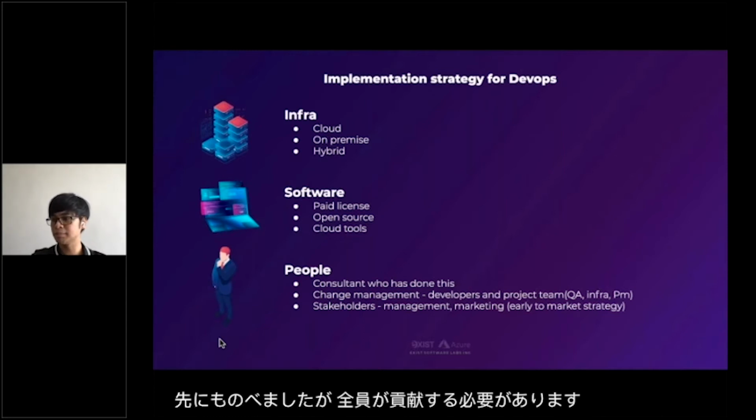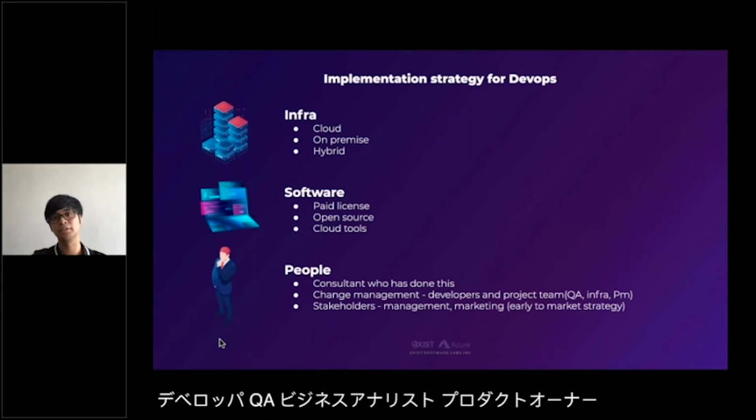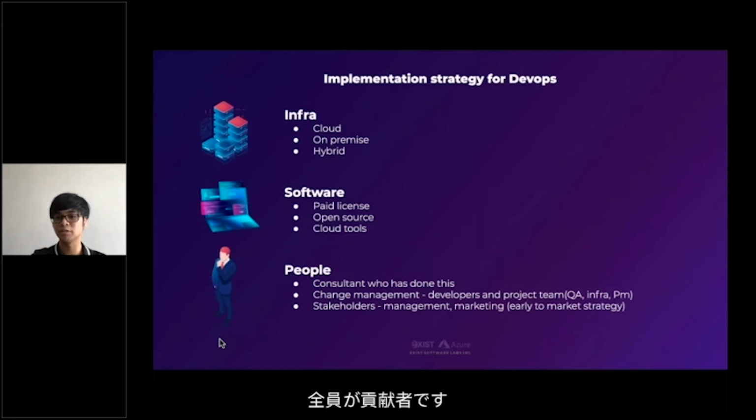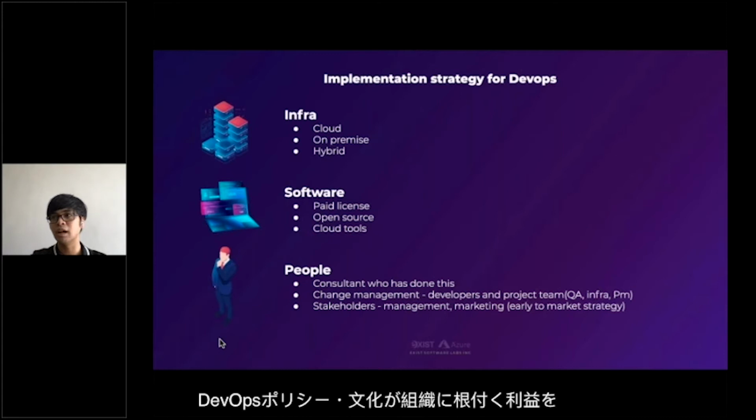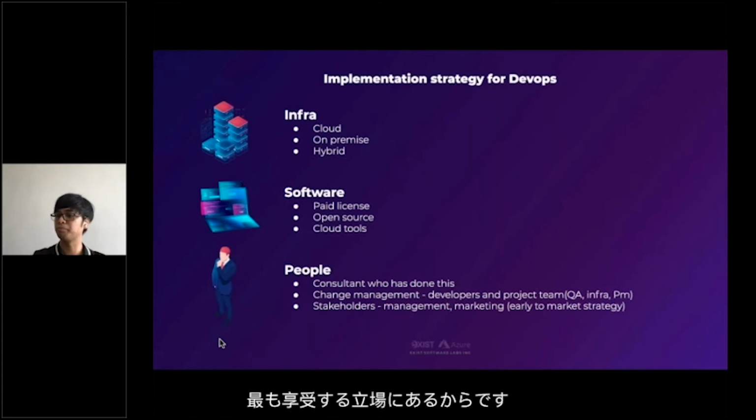Like I've previously said, everyone needs to contribute: your developers, your QAs, your business analysts, your product owners. And of course, your stakeholders. They are the ones who are actually pushing for this, and they are the ones who see the benefits of having a DevOps policy or culture within their organization the most.